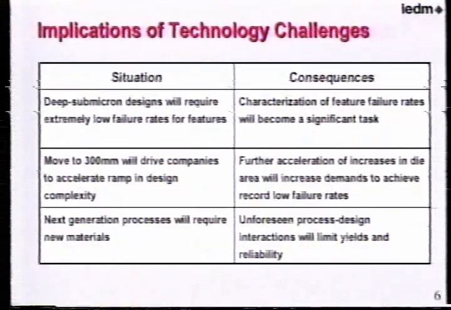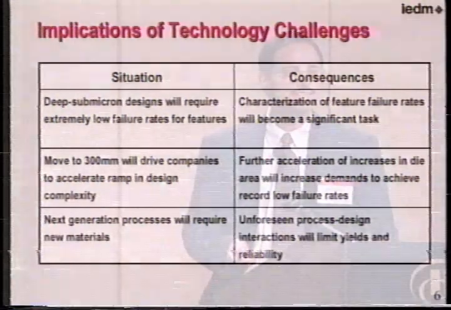Your design is getting more complex, you're putting more on the chip, which means you need to make sure you get failure rates within parts per billion for contact and via failure rates. Think of a contact via stack; that's got to be in parts per billion. Your defect densities have to be 0.1, 0.2 defects per square centimeter. And you've got to characterize this pretty quickly, because if you cannot, you're not going to ramp that yield.